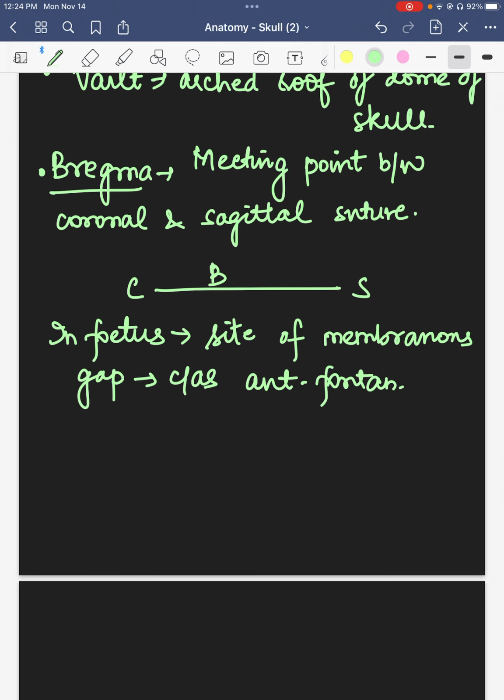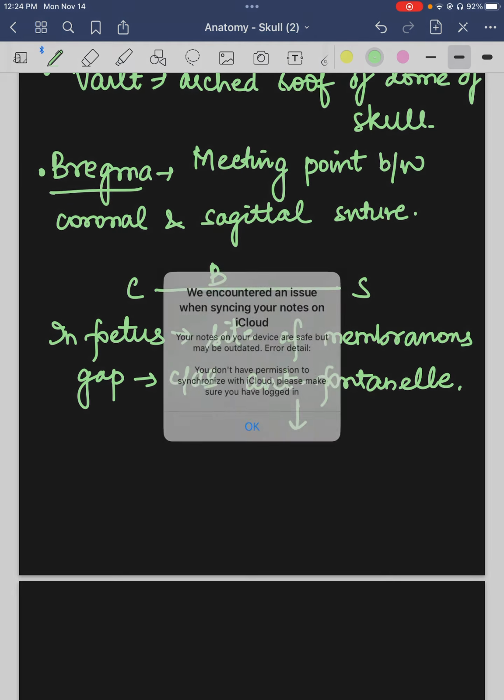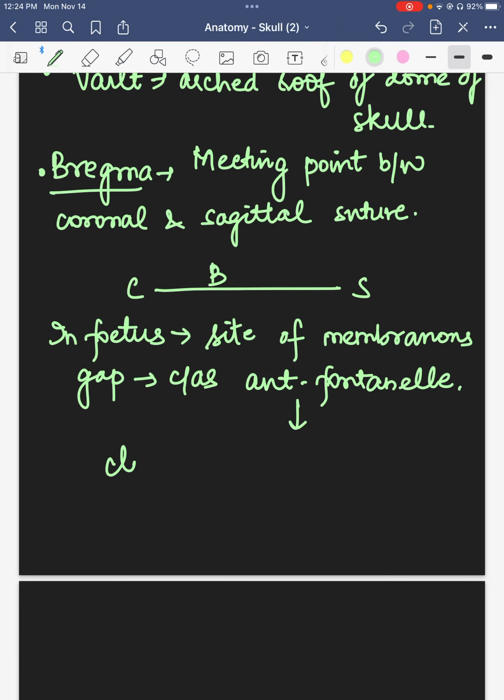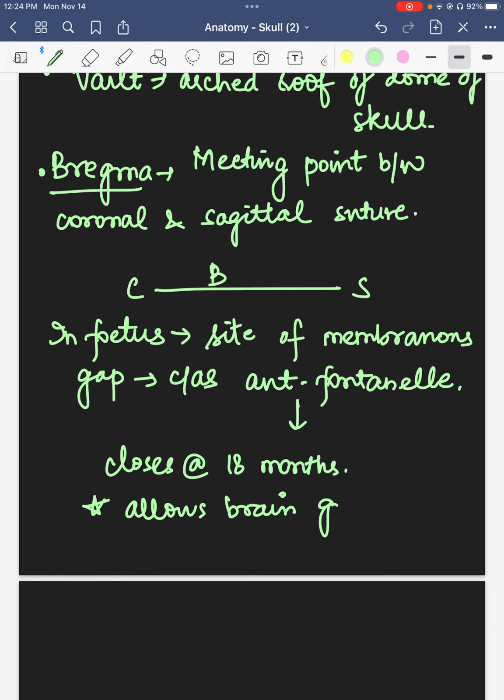This is very important. Anterior fontanelle, bregma, lambda are some of the examiners' favorite questions. It closes at the age of 18 months, and it basically allows brain growth.